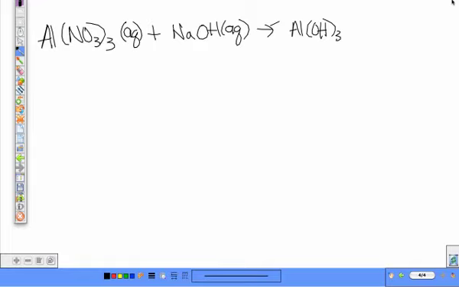So is it an exception? No. So that will be our precipitate. Plus then sodium nitrate. Nitrates are soluble with no exceptions. So this would be aqueous.